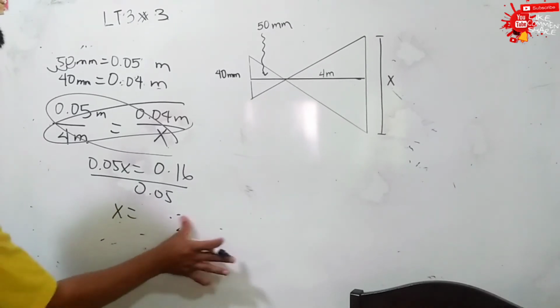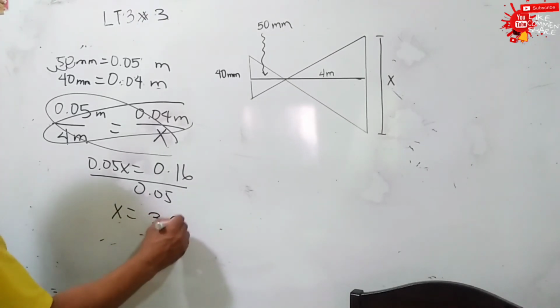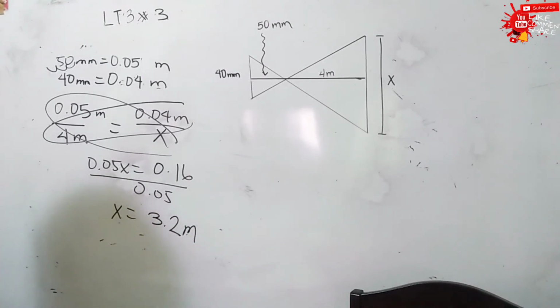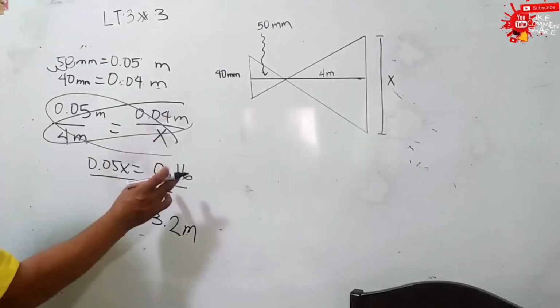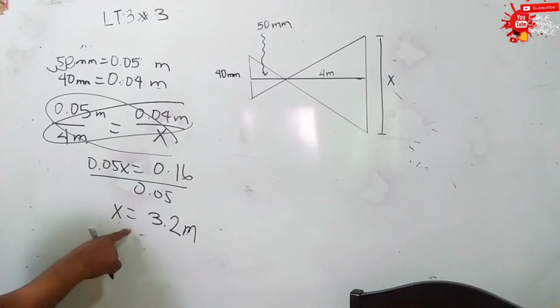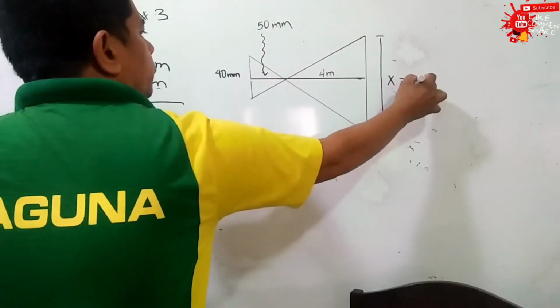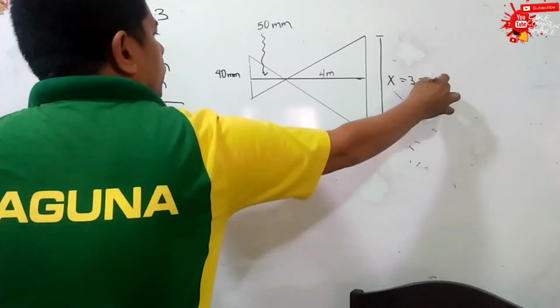So that is 3.2 meter. Again, 0.16 divided by 0.05, our x equals 3.2 meter. Kaya ito, so that is 3.2 meter.